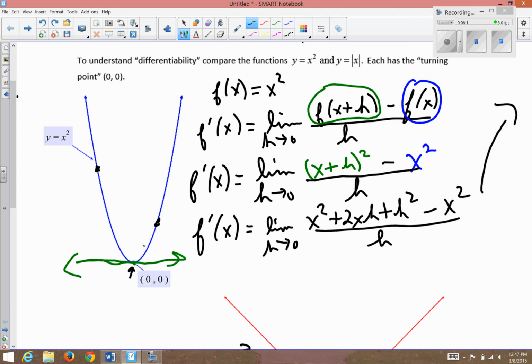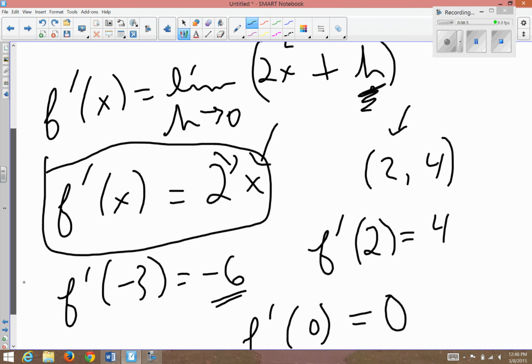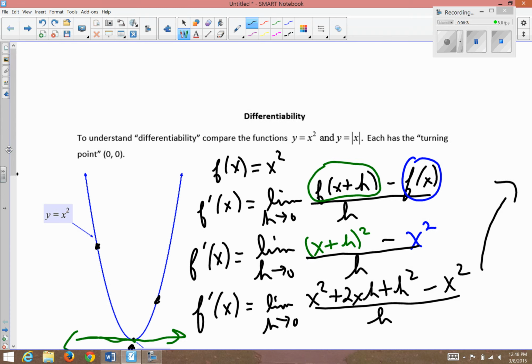That means slope 0. Move a little to the right of 0 on this blue curve and make a tangent line. You'll have a tangent line that is almost horizontal. So for this function that turns at 0, 0, the derivative there is 0. That's for the f of x equals x squared.